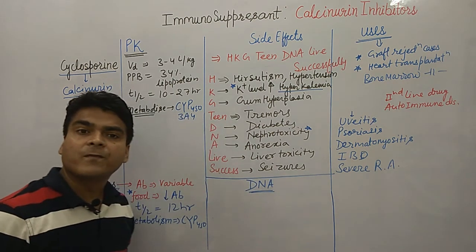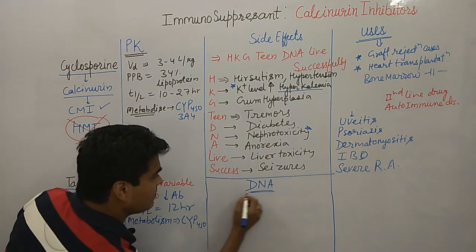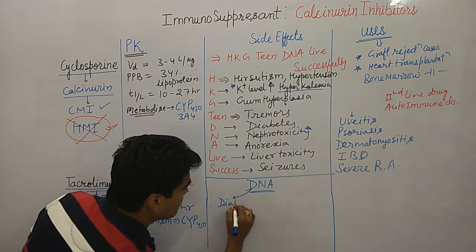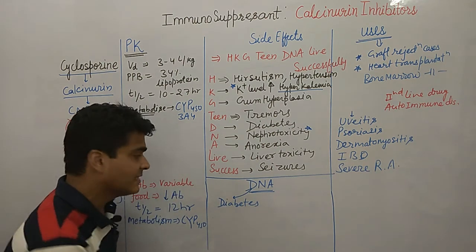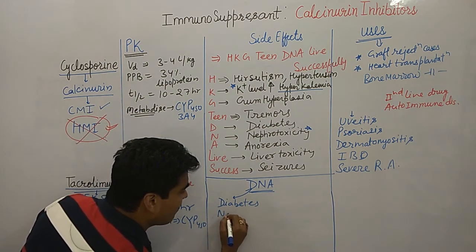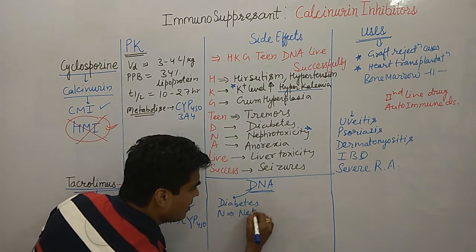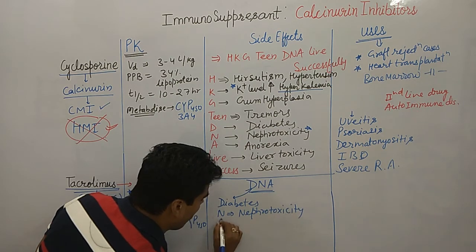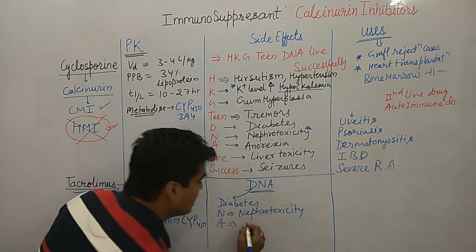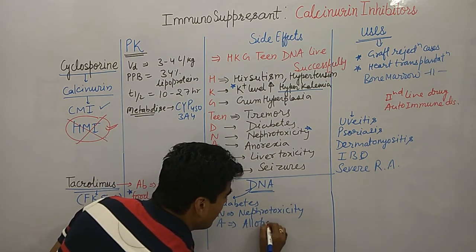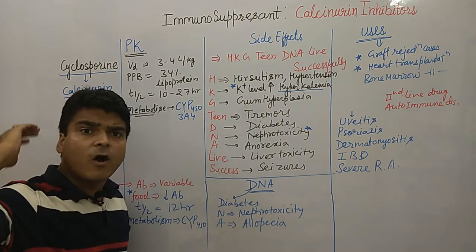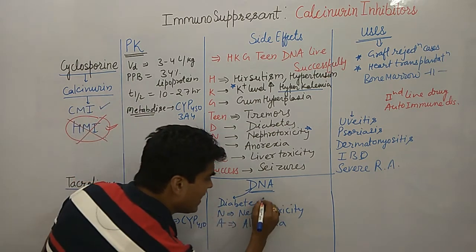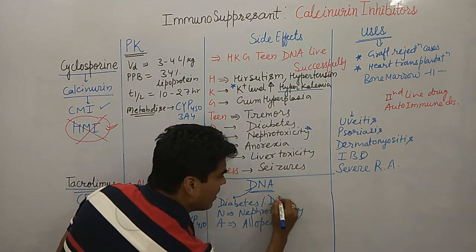From DNA we can learn: D for diabetes, N for nephrotoxicity, and A for alopecia. Alopecia means loss of hair, and the last D means diarrhea.